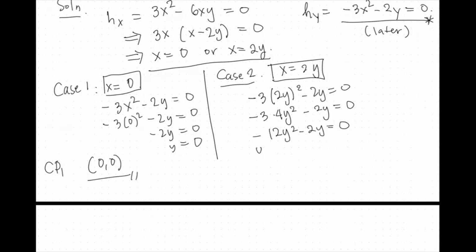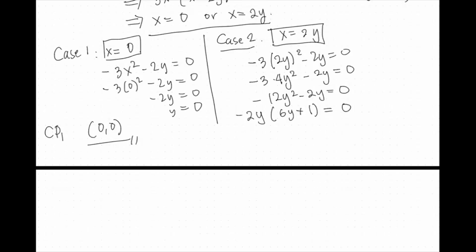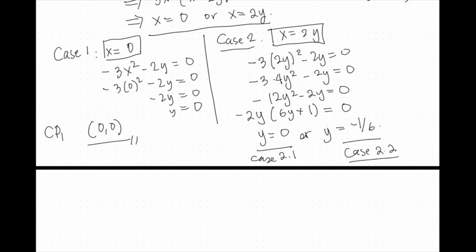Here we get 2y times (negative 6y minus 1) is equal to 0. All right. Here, y is 0 or y is negative 1 over 6. So here we have case 2.1 and then case 2.2.